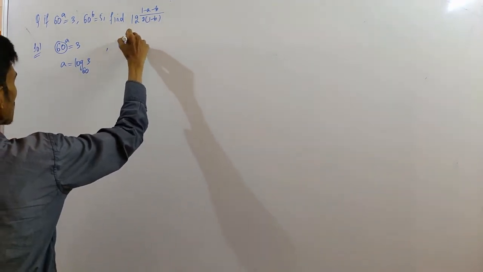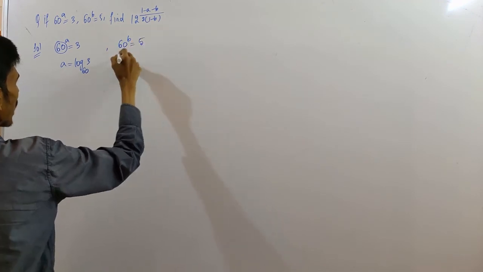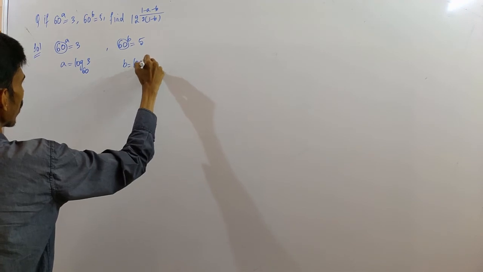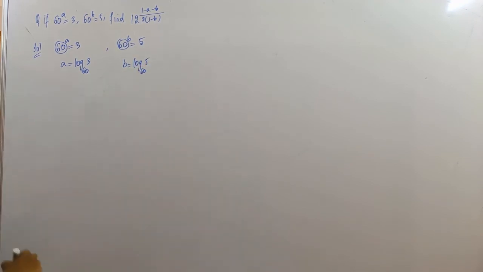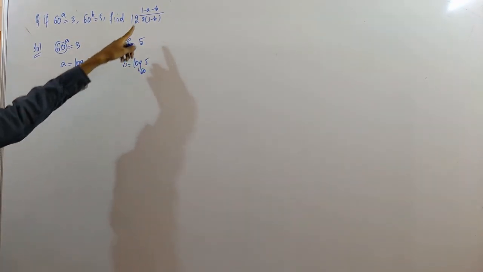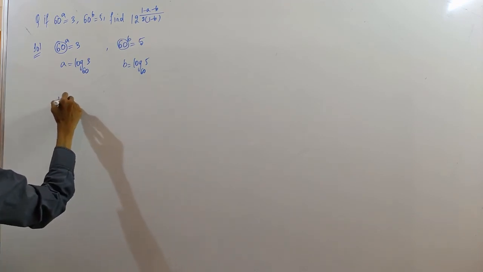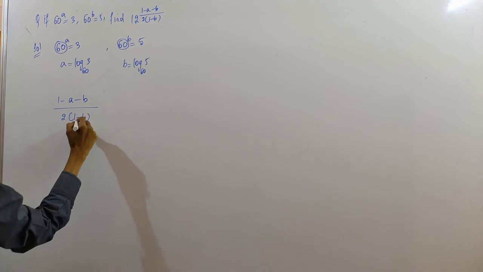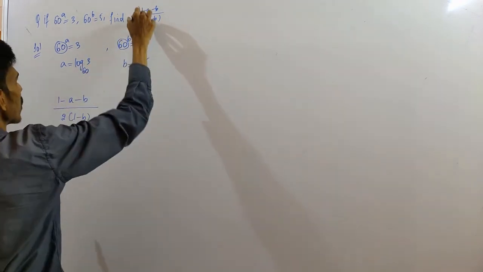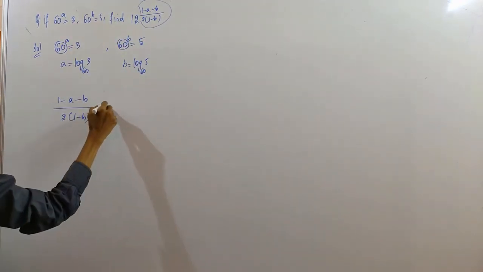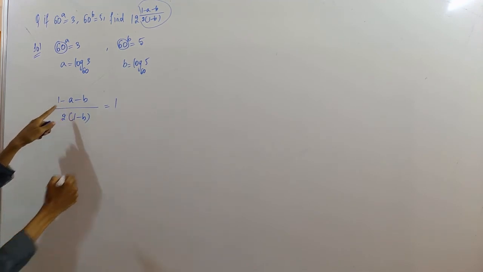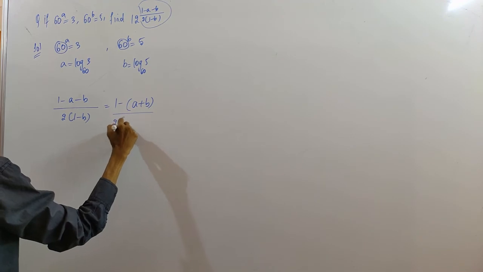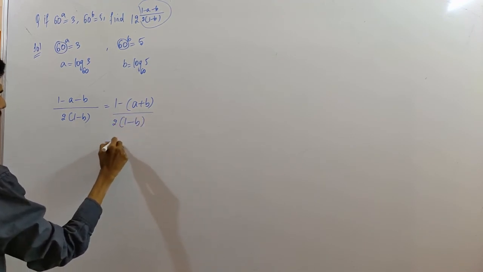Similarly, 60 power b equals 5, so b = log_60 5. We have the a value and b value. Consider the power (1 minus a minus b) divided by 2 into (1 minus b). Let us solve this power first. Here we have 1 minus (a plus b) divided by 2 into (1 minus b).